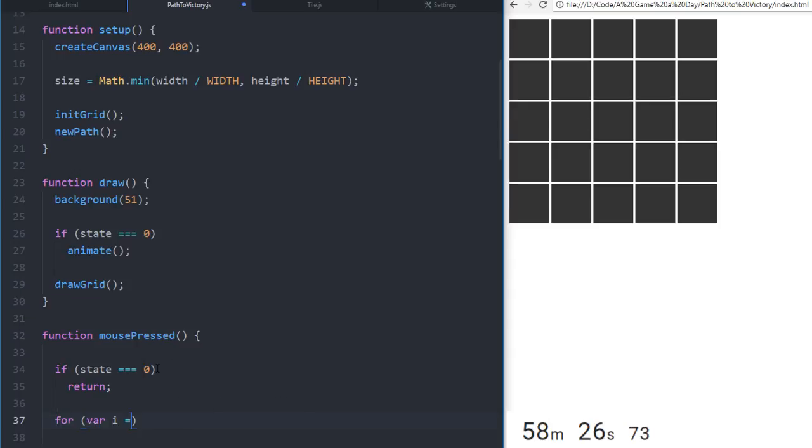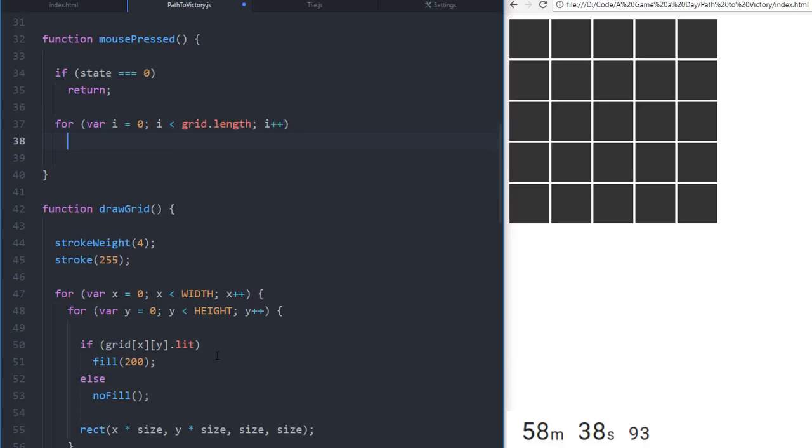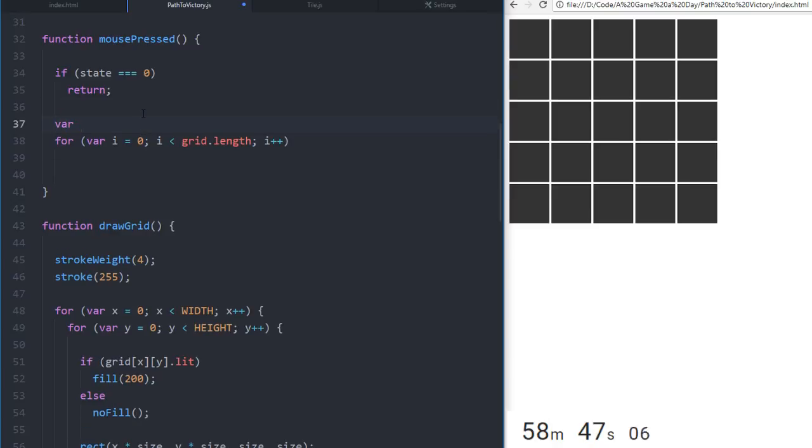For var i equals 0, i is less than grid.length, i plus plus, and we say var tile equals null. Say that for now.